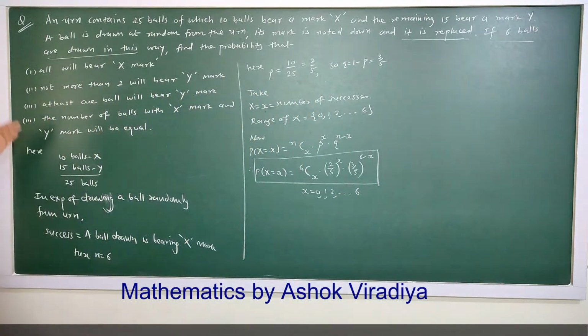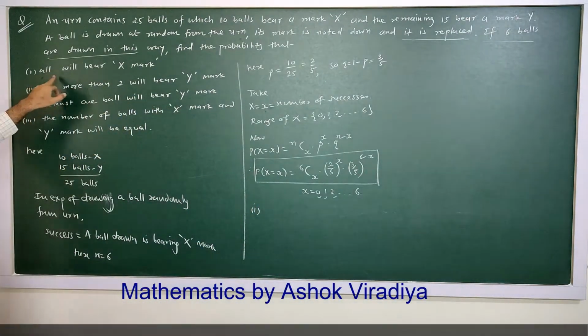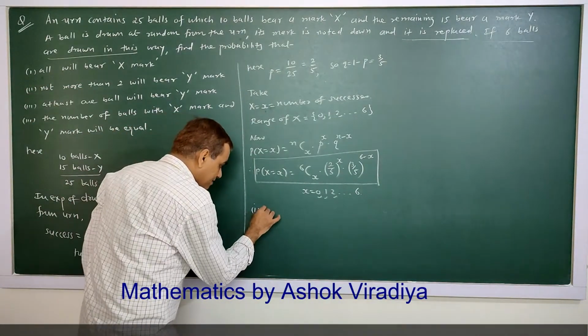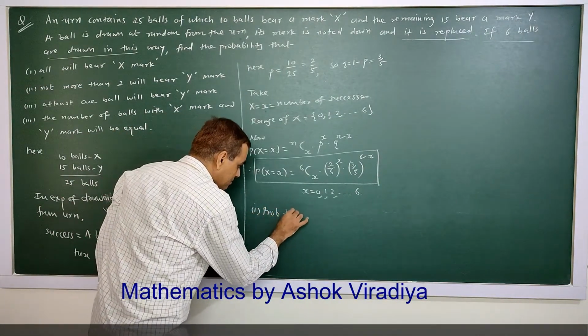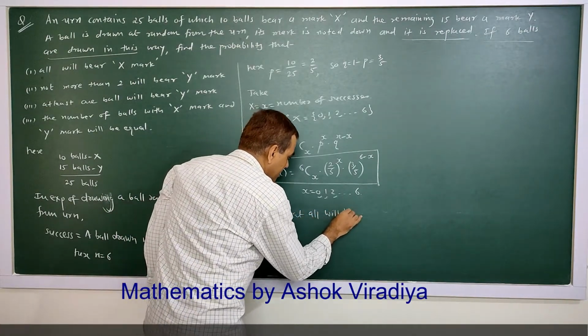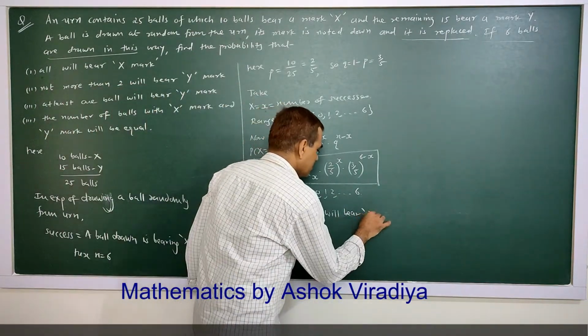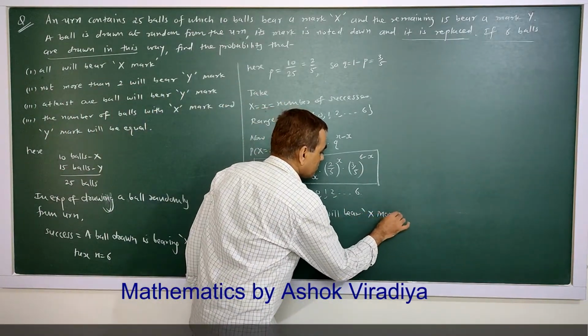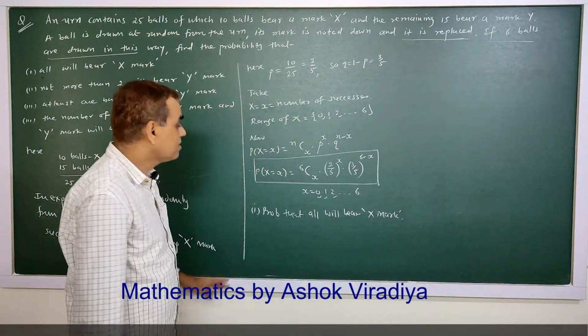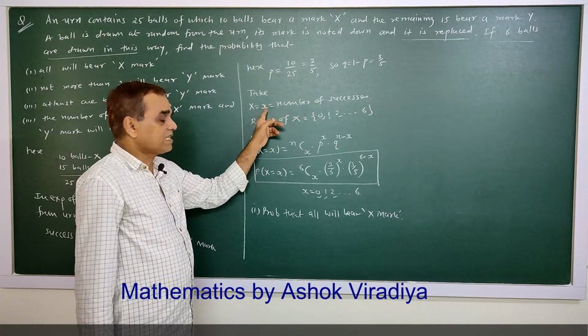So now we are taking them one by one. First of all, the answer to question 1. All will bear X mark. That means the number of successes is 6.